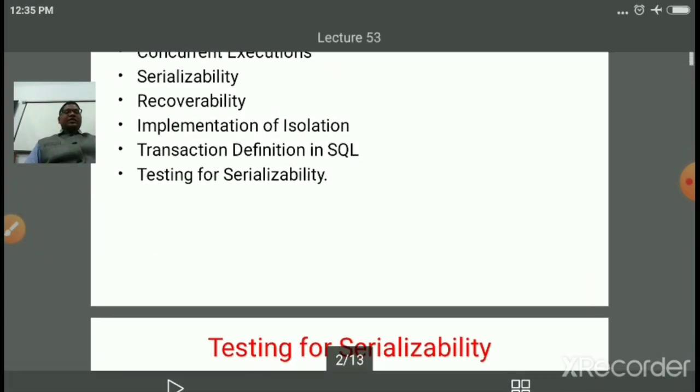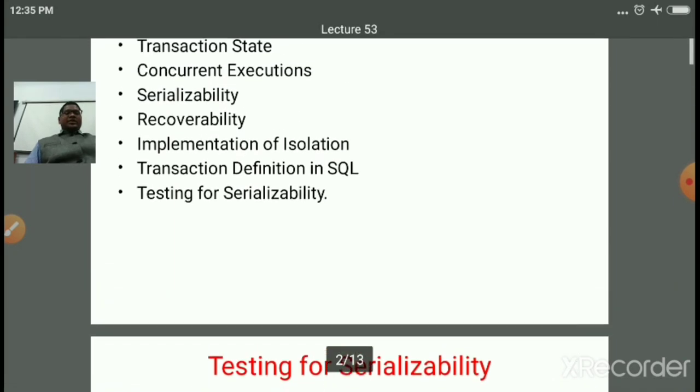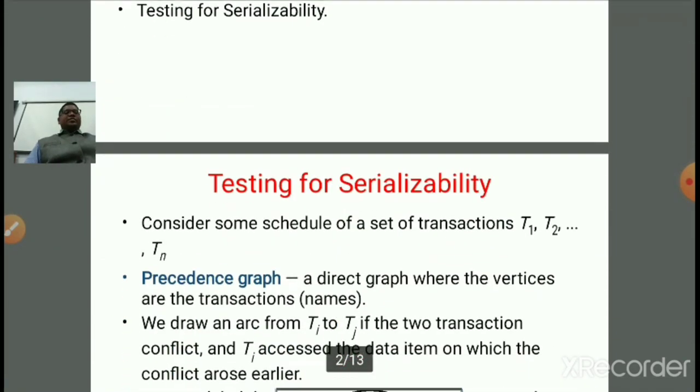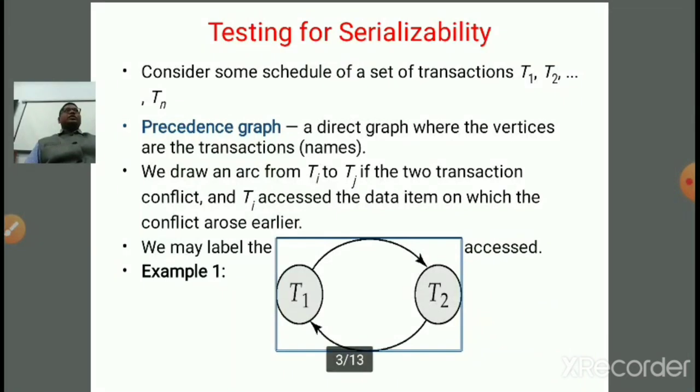After that, we will discuss implementation of recoverability. Means if a schedule goes into a failed state, then how to roll back and recover it, and what are the various possible recoverable schedules. All these concepts we are going to discuss in today's lecture. So the first topic is testing for serializability.